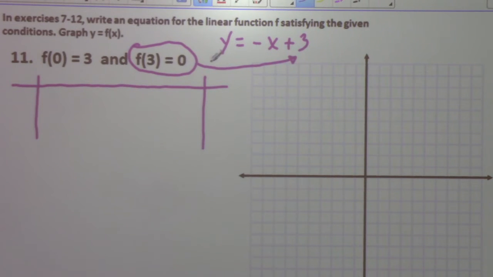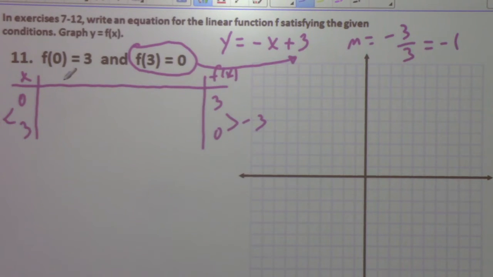Well, the thing that's good about this is you've got things you can check. So you've got x, f of x, and then 0, 3, 3, 0. So that's negative 3 over 3. I just forgot the negative. Negative 1, 0. So m, I get, is negative 3 over 3.